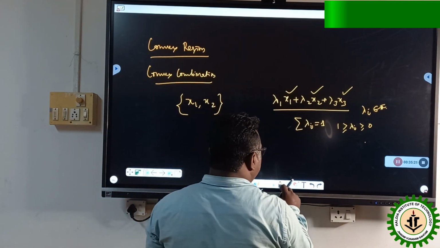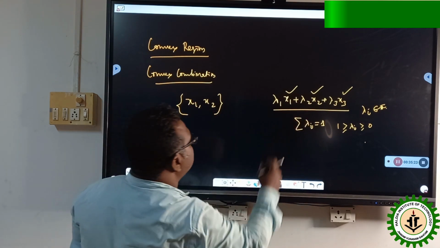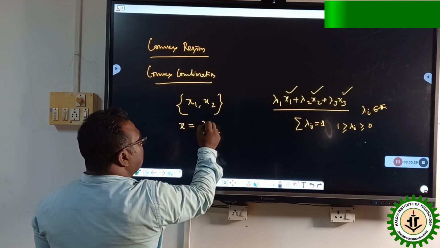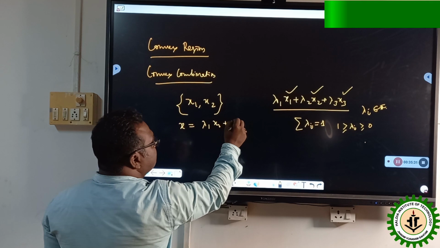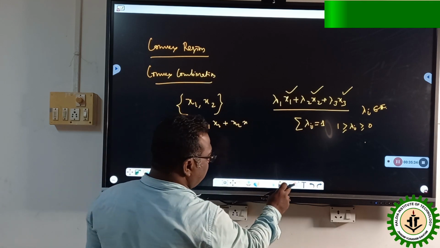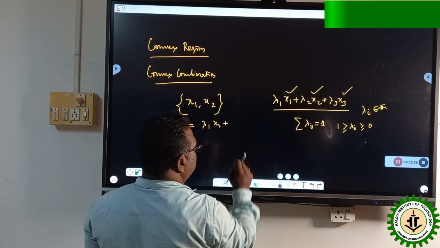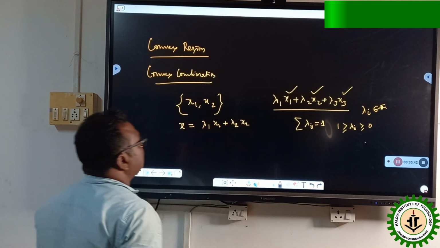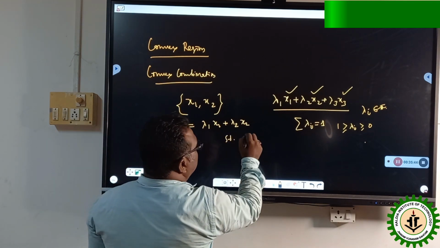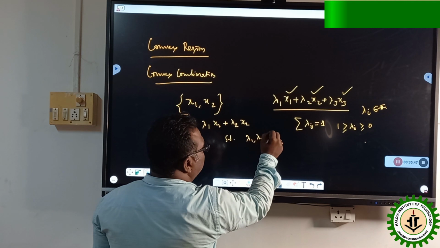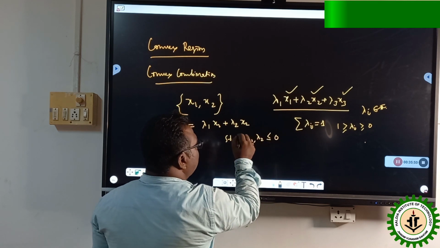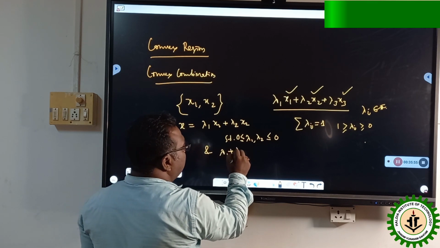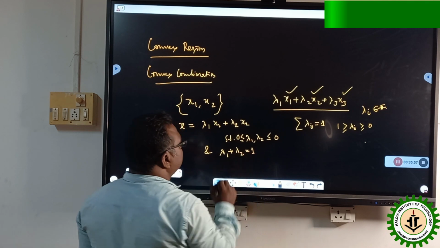Then what will be the convex combination of these? The convex combination x is nothing but lambda 1 x1 plus lambda 2 x2, such that lambda 1, lambda 2 are greater than or equal to 0, and lambda 1 plus lambda 2 is equal to 1.